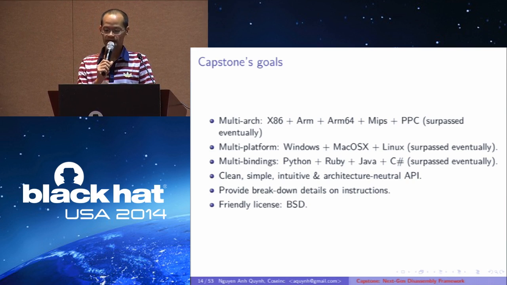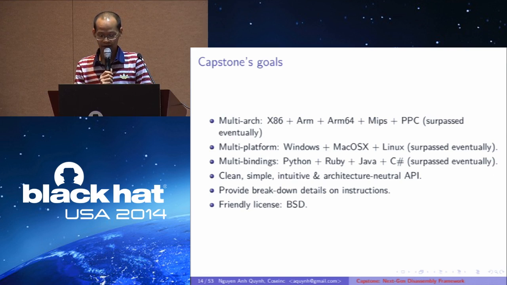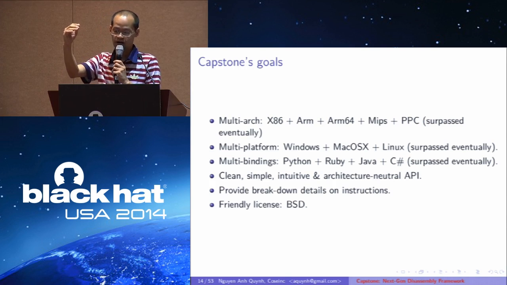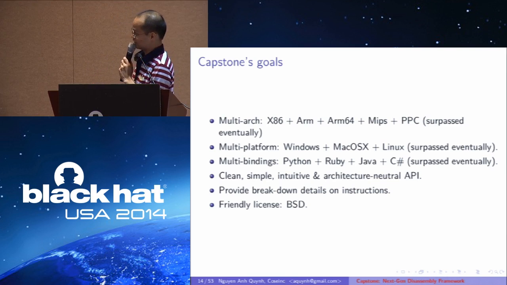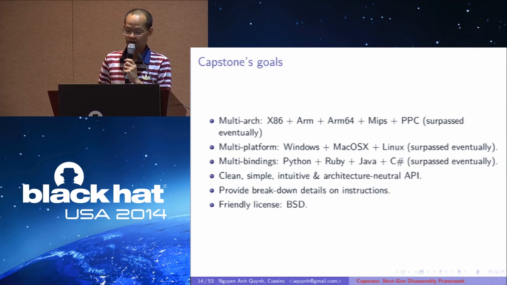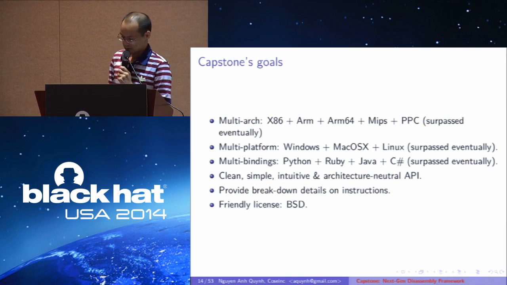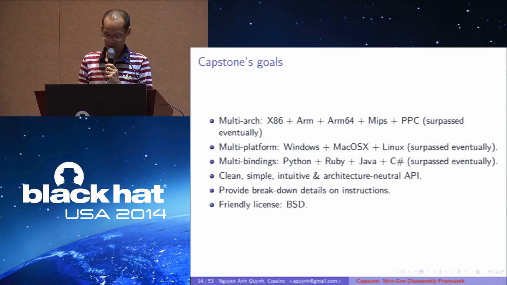I want some APIs that are clean, simple, intuitive, and don't depend on architectures. And to be a good framework, Capstone needs to provide breakdown details on instructions. It needs to break down instructions into details, and it also needs to provide semantic information. And finally, I want a BSD license because I want to make it available for everybody to use without having to worry about the license. And all of those requirements were eventually met, as you can see later.